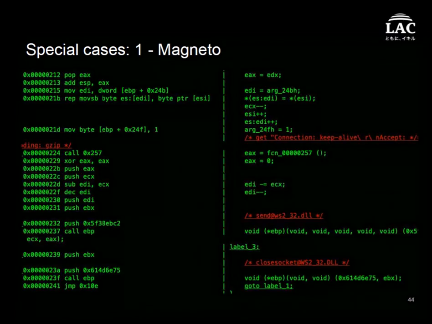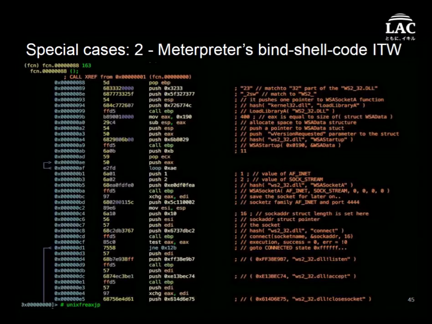The second one is the interpreter, but I forgot one thing. This Magneto has two parts here. The first is sending the ARP or sending HTTP packets as GET commands.